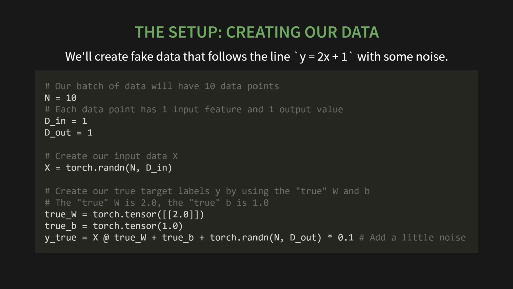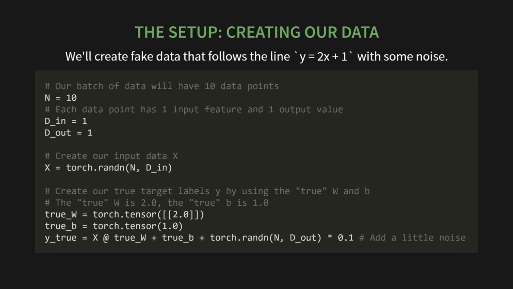Let's walk through the code. First, n equals 10. That means our batch of data will have 10 data points. D underscore in equals 1 and D underscore out equals 1. This just means each data point has one input feature and one output value.